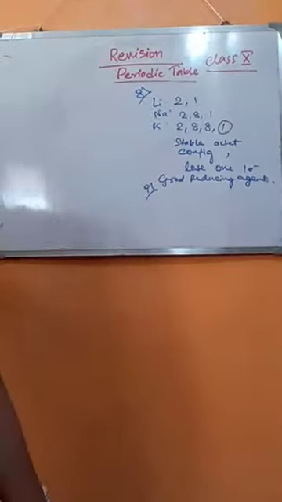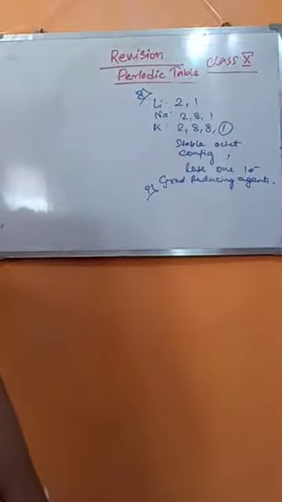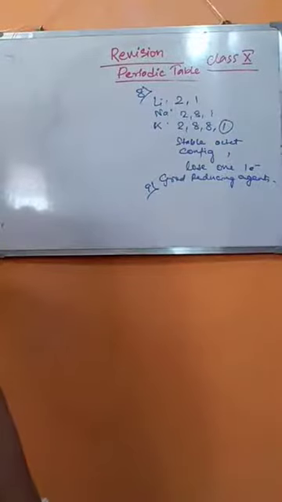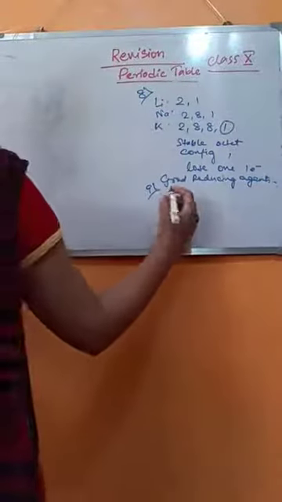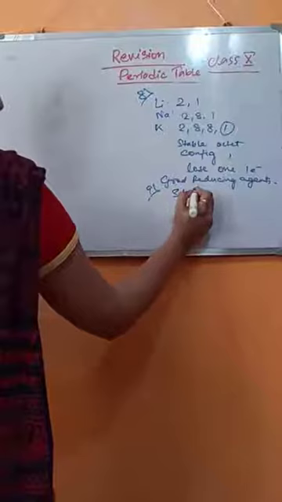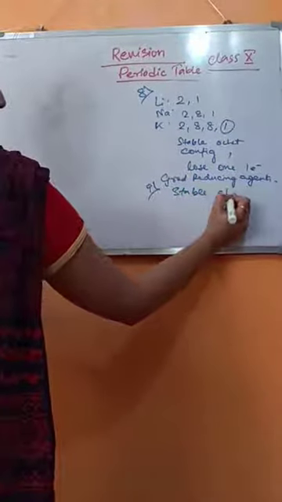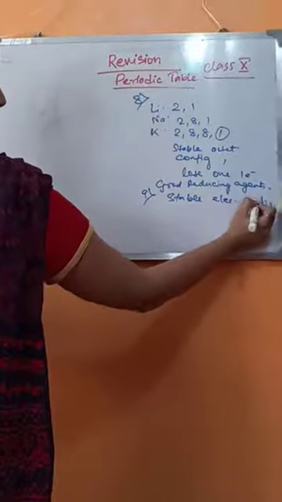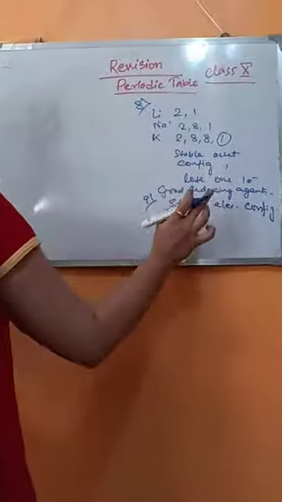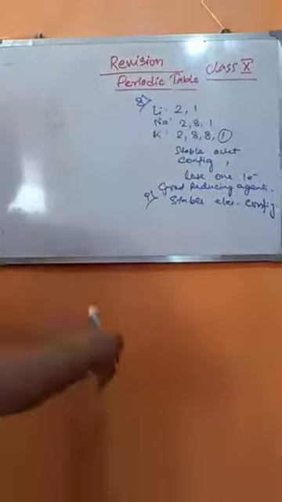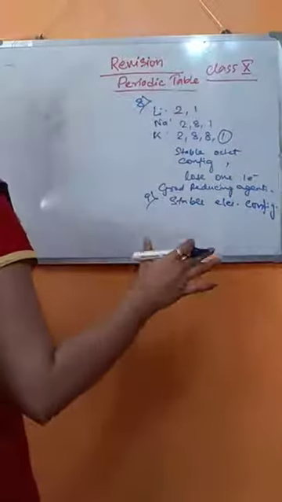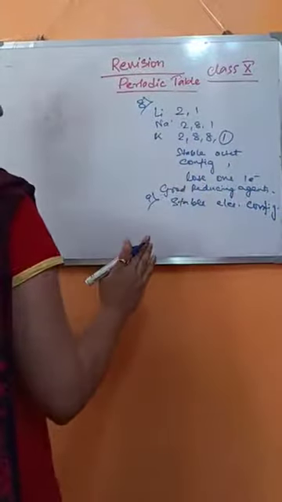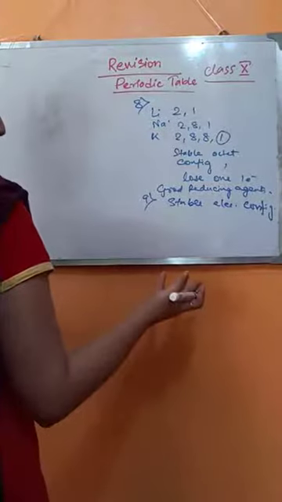Your next question is why the noble gases have lowest electron affinity. This is very easy. The noble gases have a stable electronic configuration. Since the noble gases have stable electronic configuration, they will not at all want to accept an electron in order to become unstable.